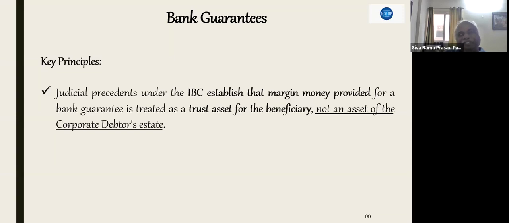So as long as the bank guarantee is continuing, the IRP or RP should not touch that margin. That margin is treated as a trust asset for the beneficiary, not an asset of the corporate. Once the bank guarantee has expired and the beneficiary has made no claim, then the IRP or RP can take back that 50 crores fixed deposit, if any, from the bank.